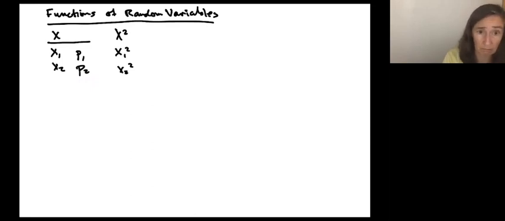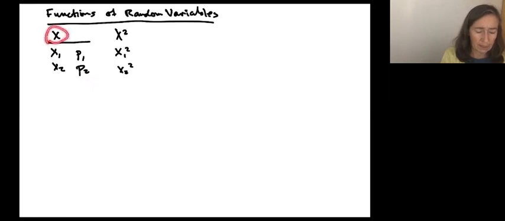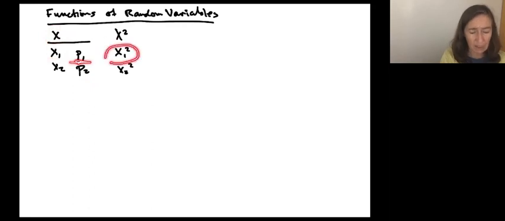So that's one point. Applying a function means you're applying the function to the outcomes and the probabilities are unchanged. And that sort of makes sense, right? If random variable x takes value x1 with probability p1, it makes sense that x squared should take the square of x1 with that same probability.